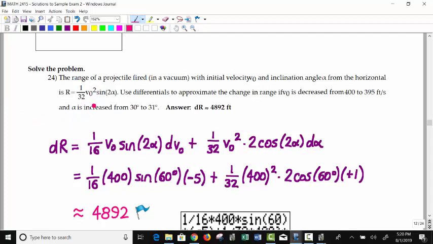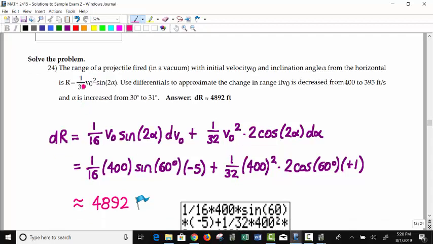All right, so let's see the derivative. Now we're taking the derivative with respect to V0. So you bring down the 2, that makes it 1/16 V0 to the first, and then the sine of 2 alpha will just sit there, dV0. I treated that as X, though I don't think it would have mattered either way. Next one, the V0 squared is now a constant. So it's 1/32 V0 squared.